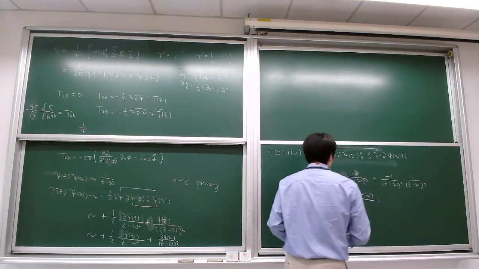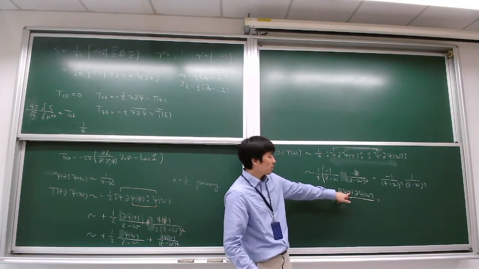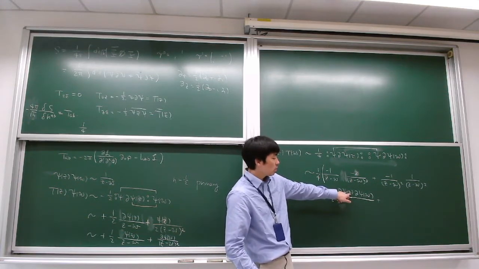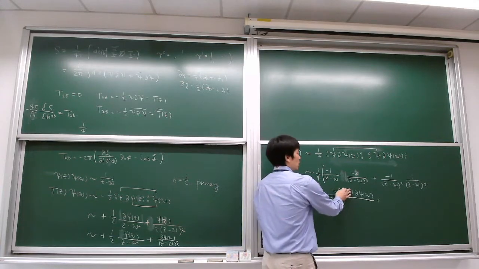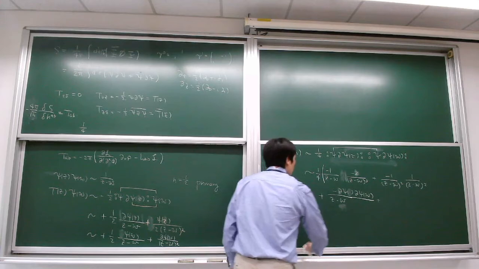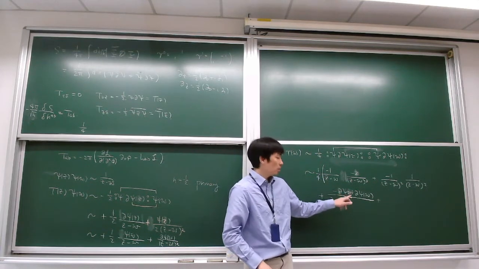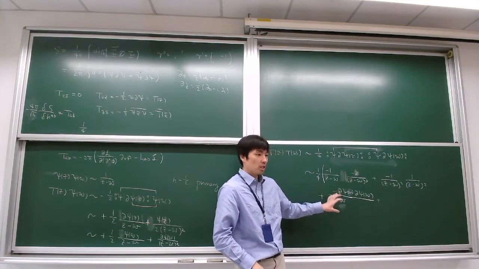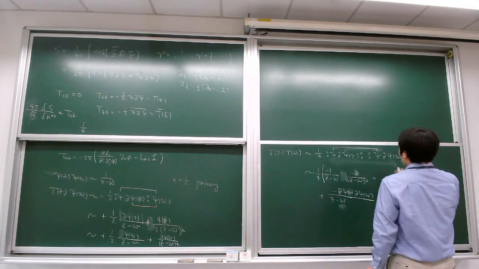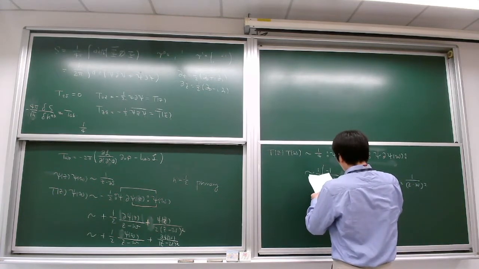Once you do the Taylor expansion with respect to z in terms of w, the singular term only shows up this way. The next derivative will give you z minus w that cancels with the denominator, so it's no longer singular. So therefore it's okay.